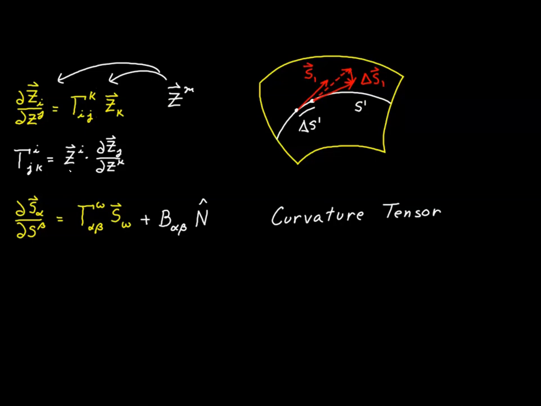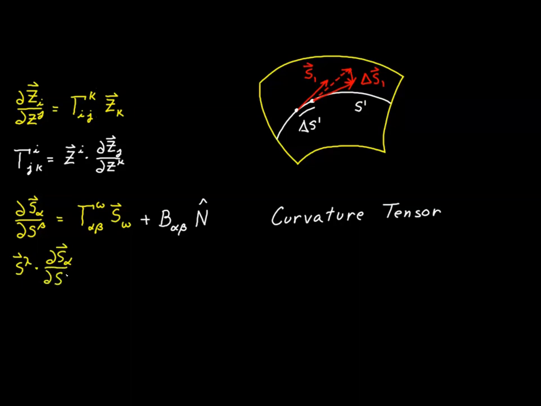So the next thing we want to do is to perform a similar operation down here to see what happens next. Let's see what happens when we form the dot product of this expression with the contravariant basis vector. Okay, so what we do is we take the dot product. We'll use S lambda in the upper position here, and we will dot that with the left side of the equation here, partial of S alpha with respect to S beta.